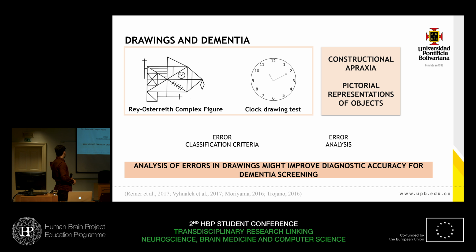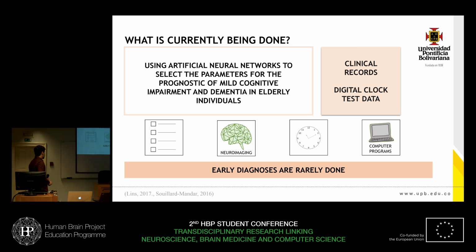So what is currently being done with this? There has been an attempt to join these tests by neuropsychologists, where they ask the patient to do the drawing and then they score it with a numerical score. Then they join that with the historical clinical data and put it all in a neural network to predict dementia or the cognitive state of the patient.